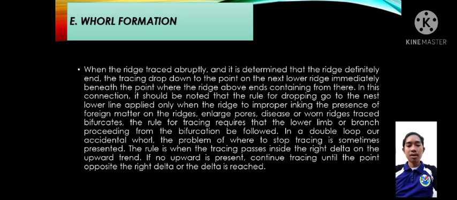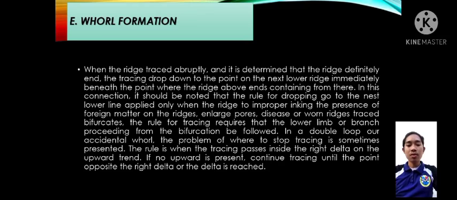When the ridge trace ends abruptly and it is determined that the ridge definitely ends, the tracing drops down to the point on the next lower ridge immediately beneath the point where the ridge above ends, continuing from there.